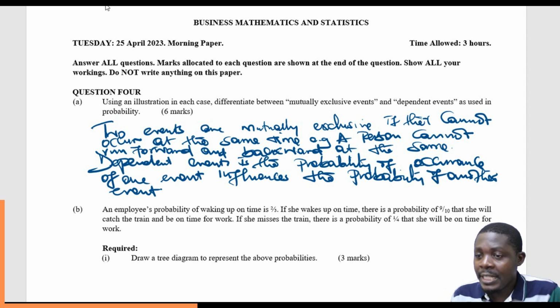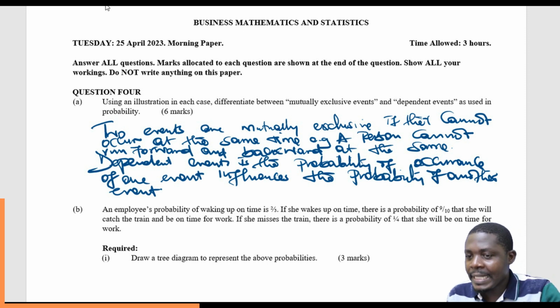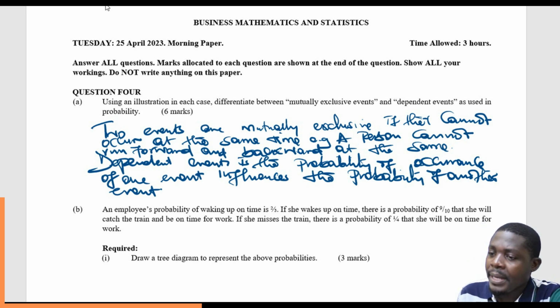Now we can say that this particular probability is depending on the happenings of the previous event. That is when we talk of dependent event.